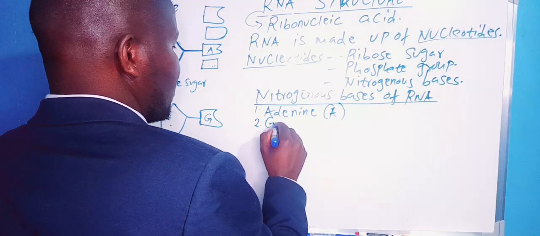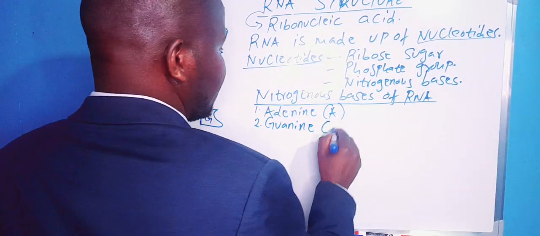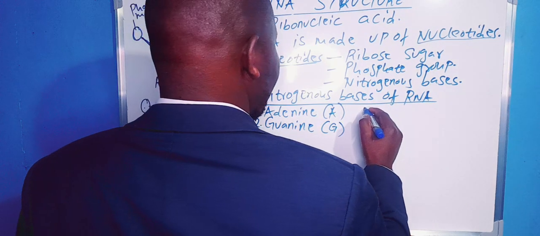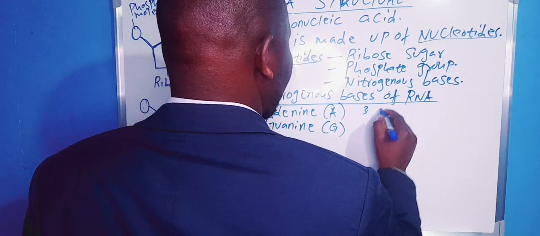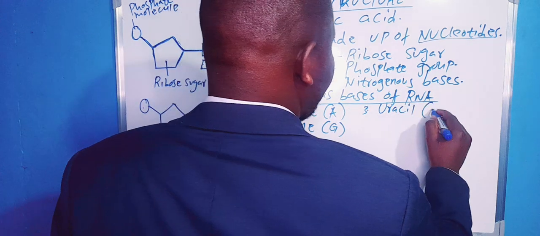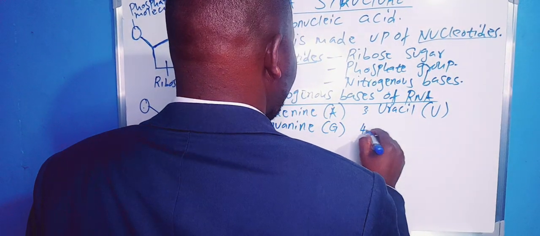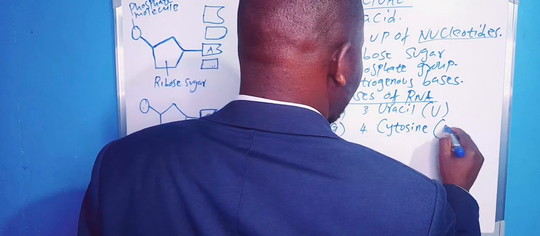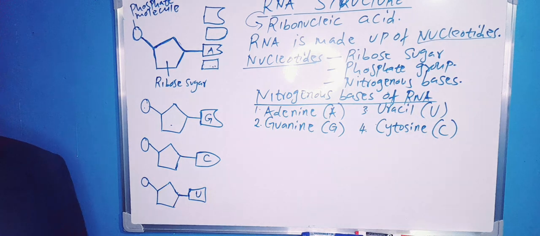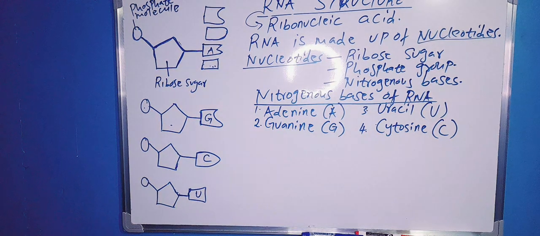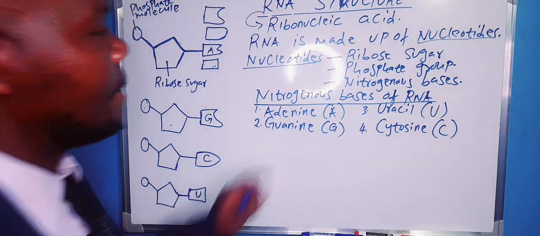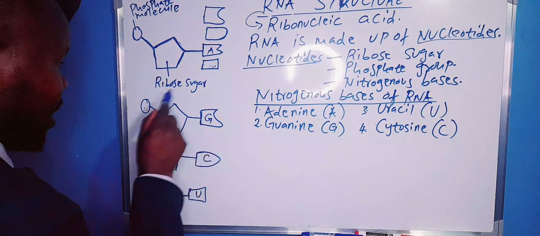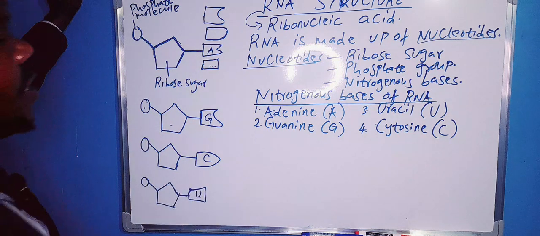Guanine, abbreviated by G. Then we have not thiamine, but uracil, abbreviated by capital U. Then the fourth, cytosine, abbreviated by capital C. Those are the four nitrogenous bases in this structure. So this one is guanine, cytosine, and uracil.